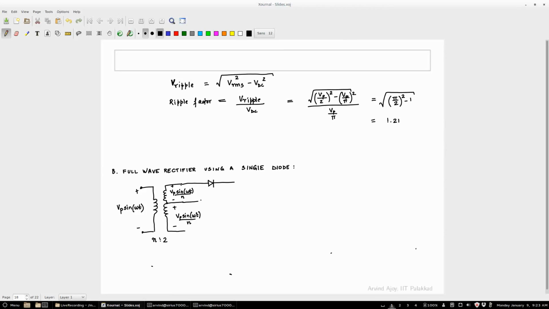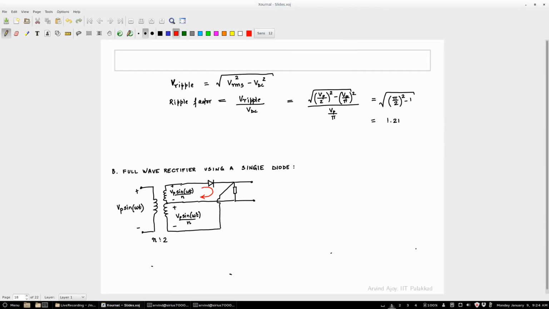Okay? So what do you do with this? Again, you pass it through the diode, and you want to put a load. So I am going to put the load here. In the positive half cycle, I am going to take this voltage as the output.